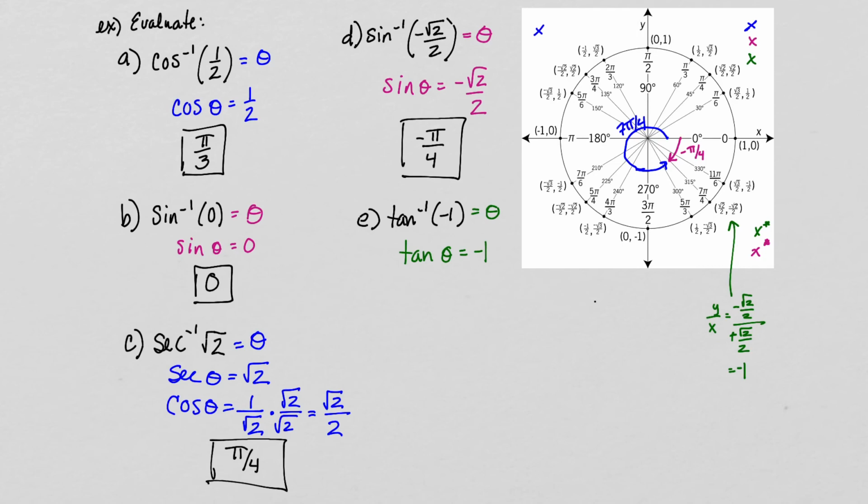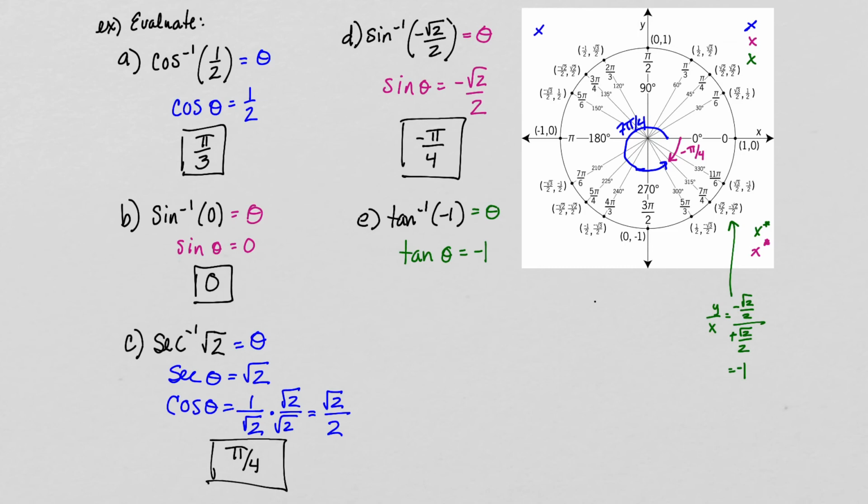So if you're dealing with inverse tangent or inverse sine, you have to look in quadrants 1 and 4. So inverse sine, inverse tangent, inverse cosecant, we're looking in quadrants 1 and 4.